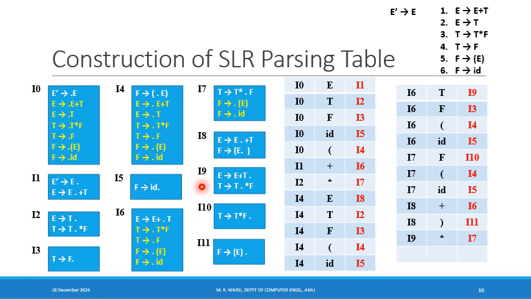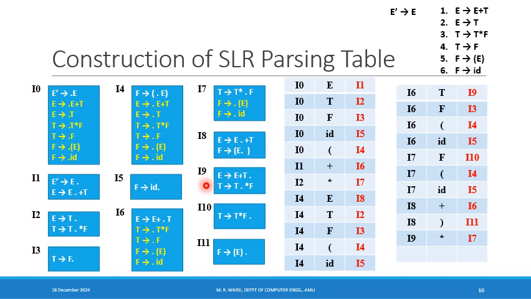Let us now add LR0 items to the I9 state. I will shift dot after capital T, and I will add to the I9 state capital E derives E plus T dot. Similarly for the second LR0 item, I'll shift dot after capital T, and to the I9 state I will add capital T derives T dot star F.